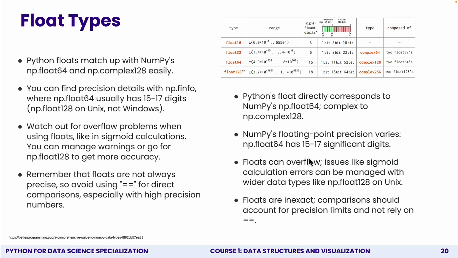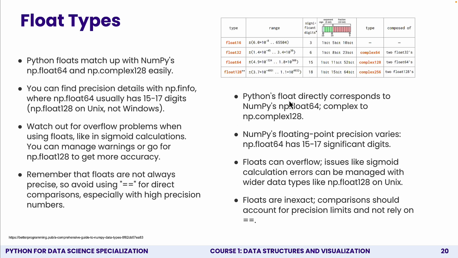So for the float type, similar things. We have float 16. We don't have signed and unsigned, so all of them are signed. And we have float 16, 32, 64, and 128. And this is the number of significant digits. Okay, and this is for the type complex 64, 128, and 256.